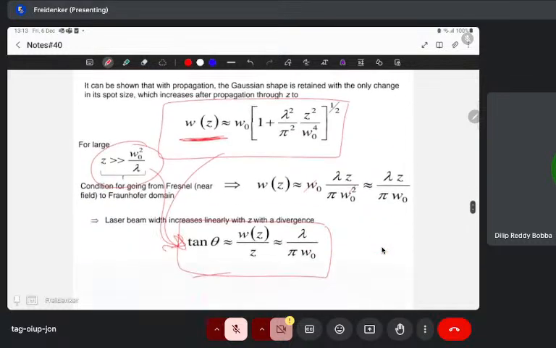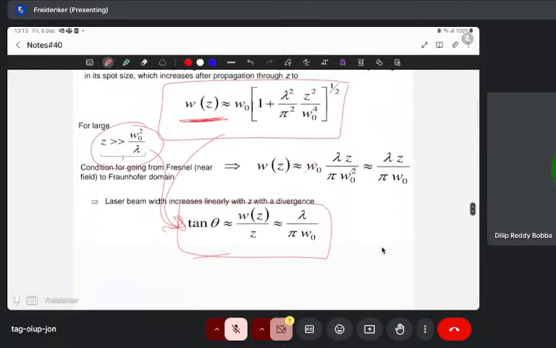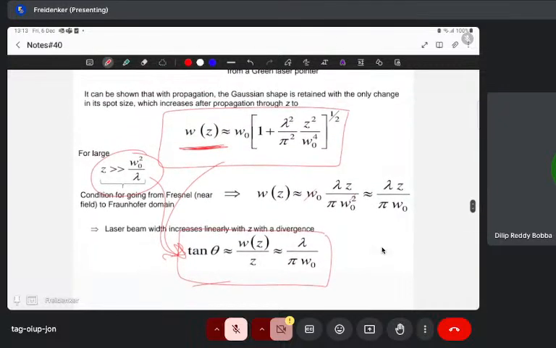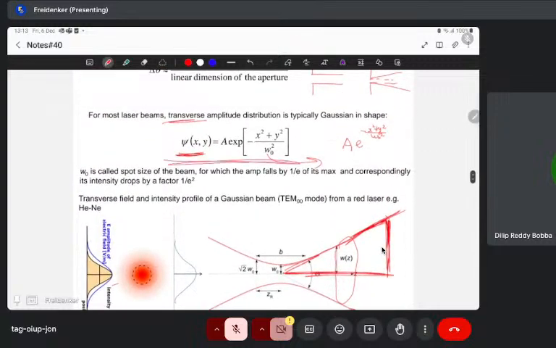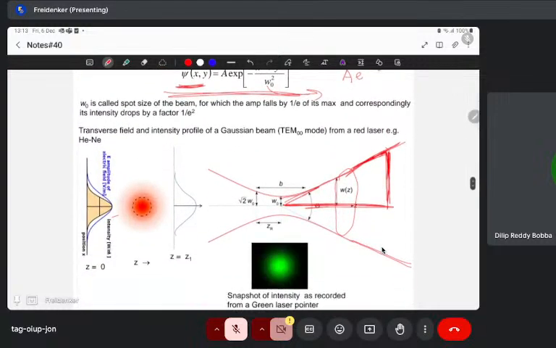I don't see anything else here. So spot size increases and intensity decreases. Why is intensity decreasing? Because amplitude is decreasing. The energy is getting spread, so that's why intensity decreases.